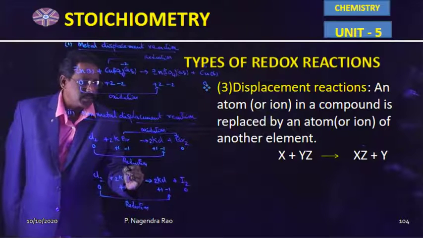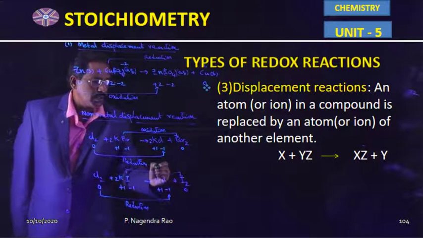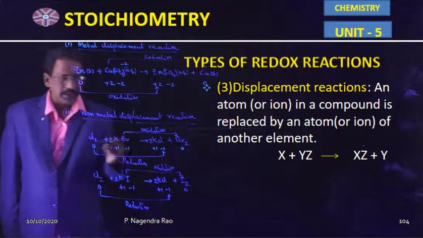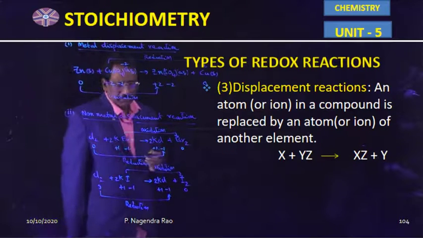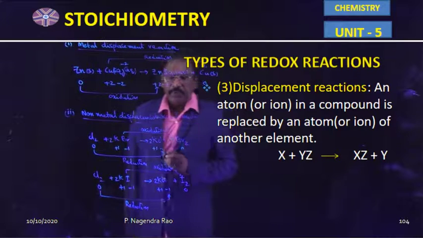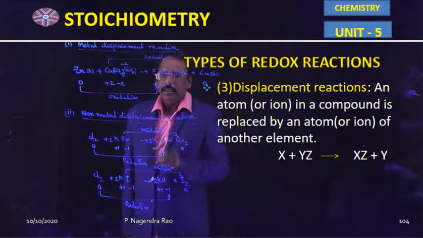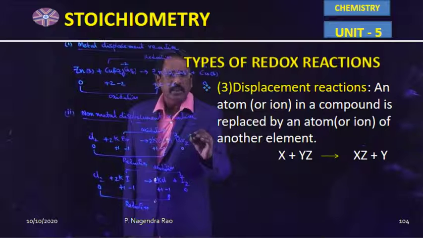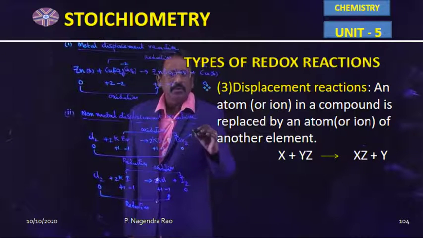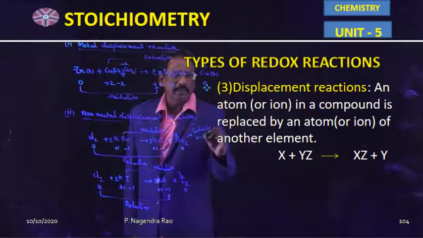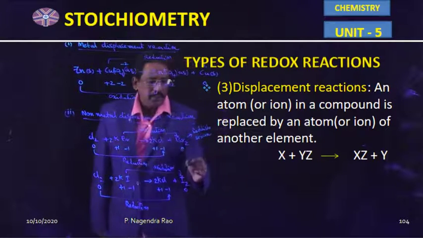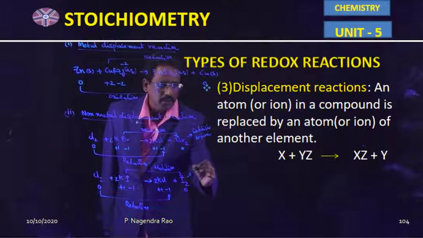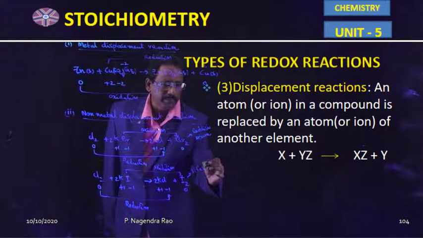And -1 to 0, an oxidation process. So this is also one of the examples of the redox reaction. Here a very important point is bromine shows reddish brown color vapors, and iodine shows violet color vapors.